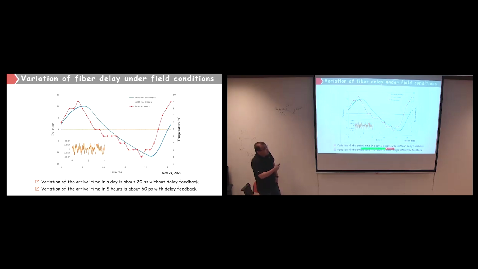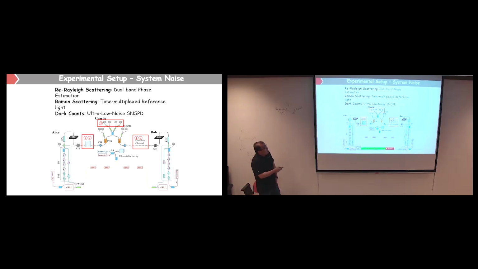We are using our method to fix the fiber fluctuation, and you can see here the yellow line is after feedback. You can see all the phases controlled. And we get about 500 in the real field.